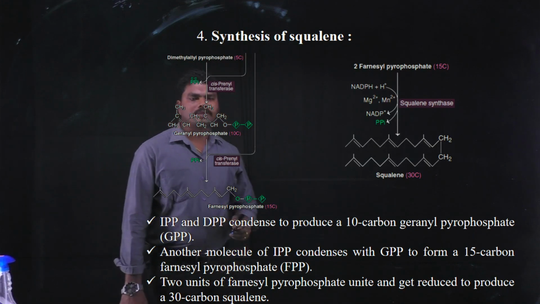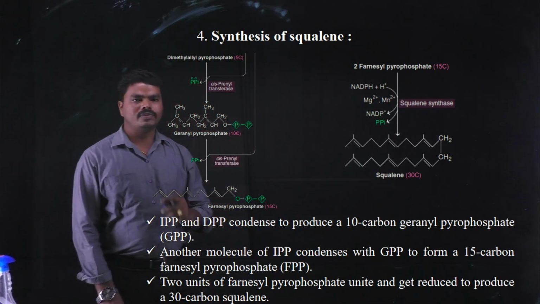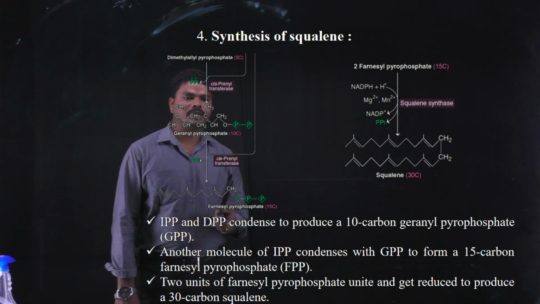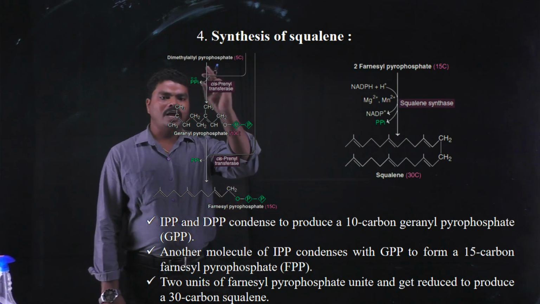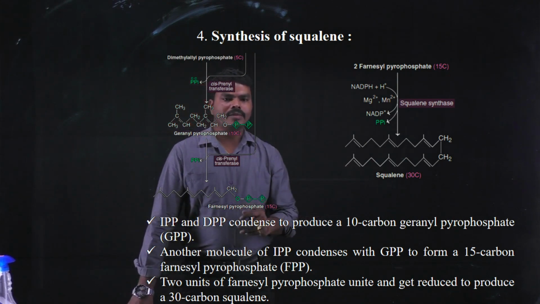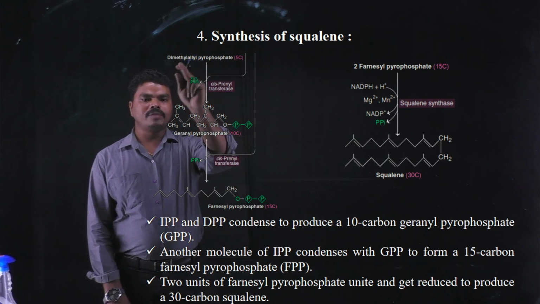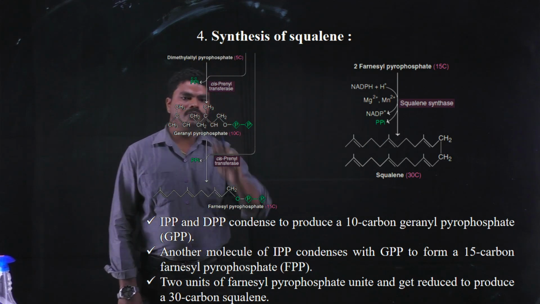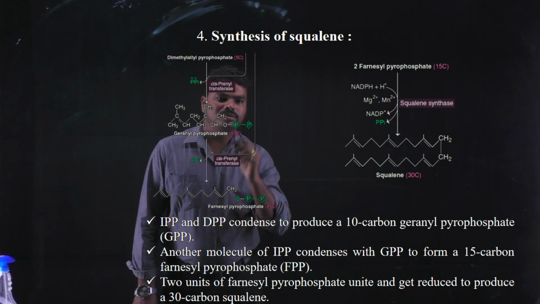Coming to the fourth step of the biosynthesis of cholesterol, that is nothing but the synthesis of squalene. In the third step, we saw the production of 2 isoprenoid units, isopentenyl pyrophosphate and dimethylallyl pyrophosphate. These 2 isoprenoid units condense to produce geranyl pyrophosphate, a 10-carbon molecule.